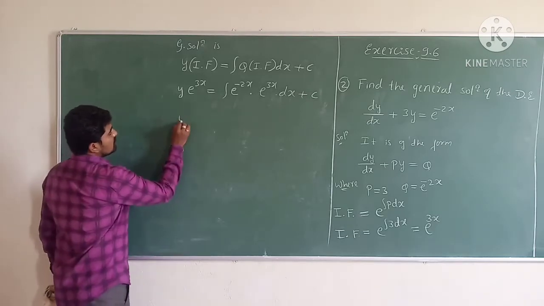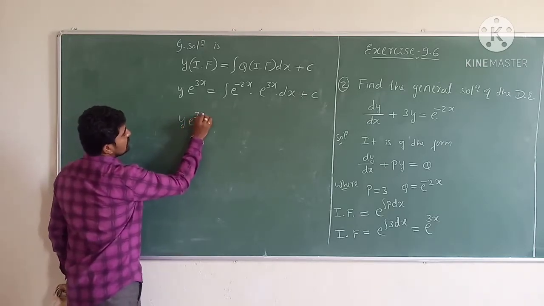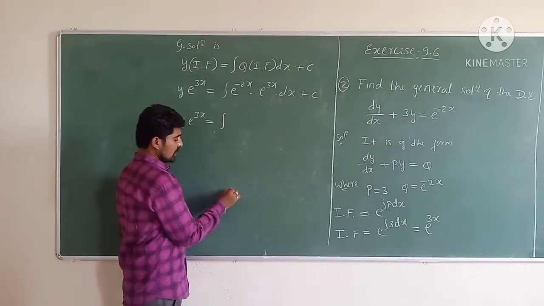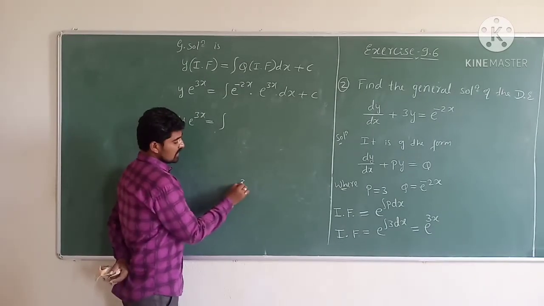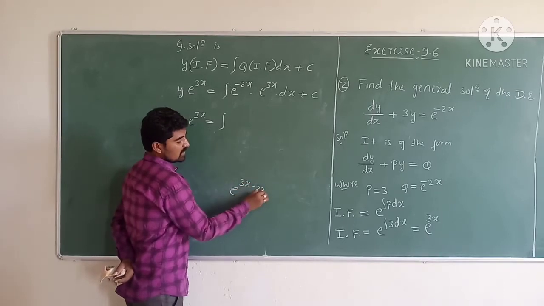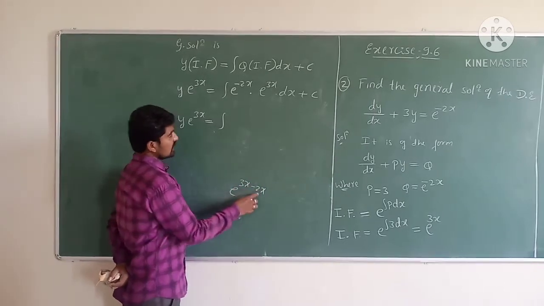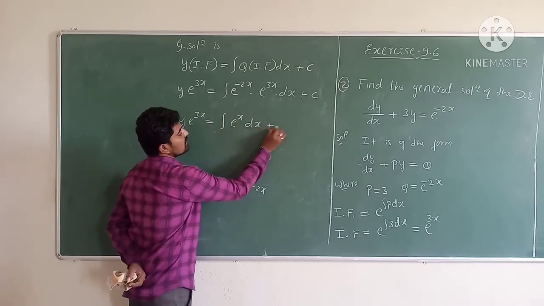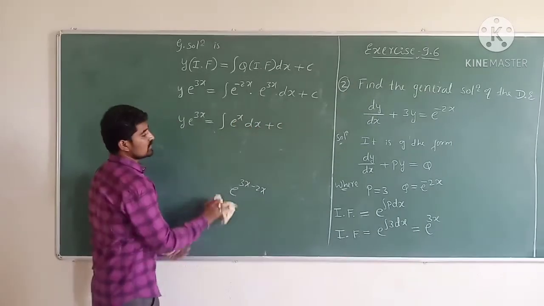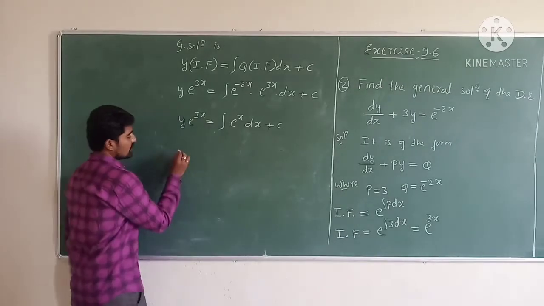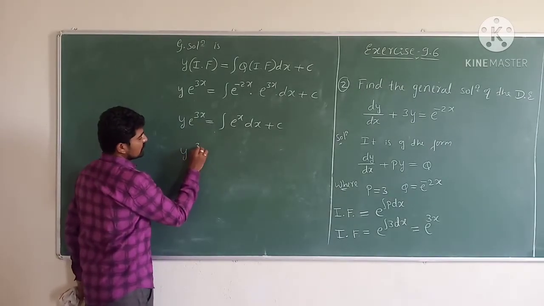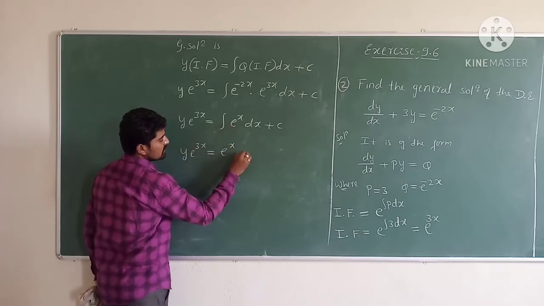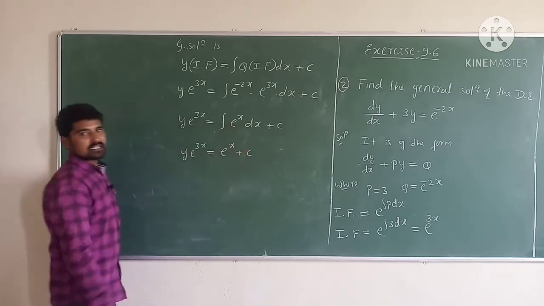So y into e power 3x is equal to the integration of e power minus 2x into e power 3x, which is e power 3x minus 2x, that is e power x, with respect to x plus c. Therefore y into e power 3x is equal to the integration of e power x, which is e power x plus the integral constant c.